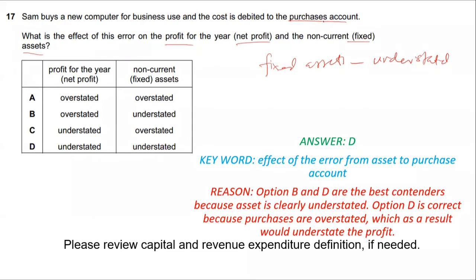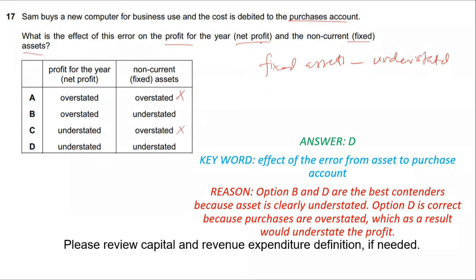He just recorded it in the purchases account, which is a wrong account. Sam should not be recording it in the purchases account. So fixed assets are understated. Immediately you can come down to 50-50 because option A and option C are eliminated. So it's either option B or option D.